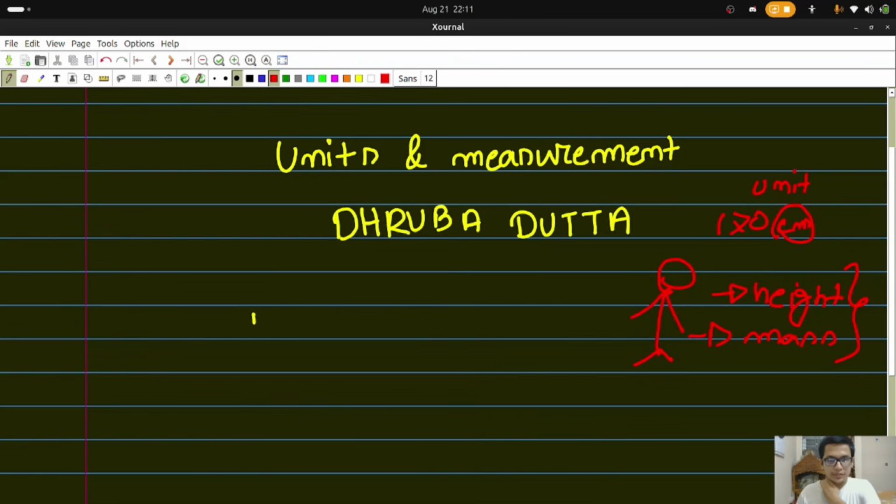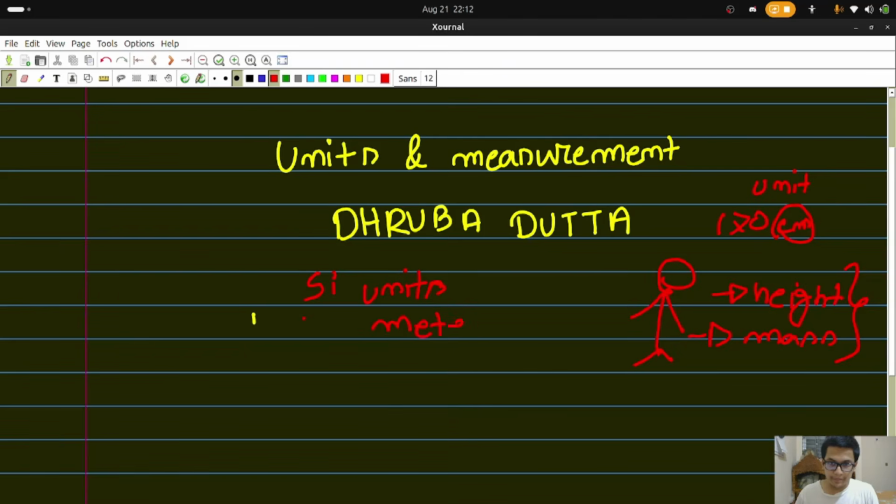Height and mass. Now we need to understand the units. At first we will use the SI units. Usually we always measure everything in SI units. For example, for any sort of length we use meters.